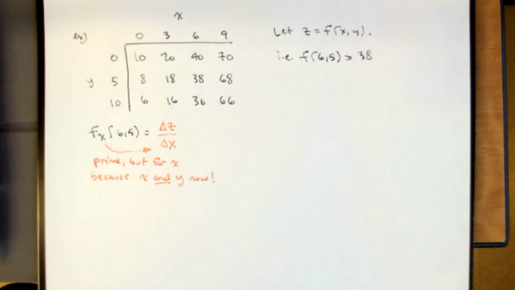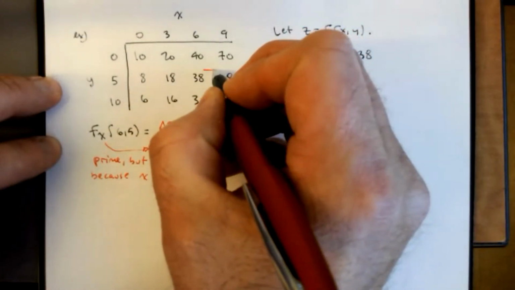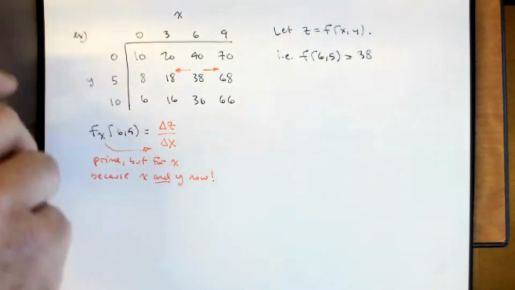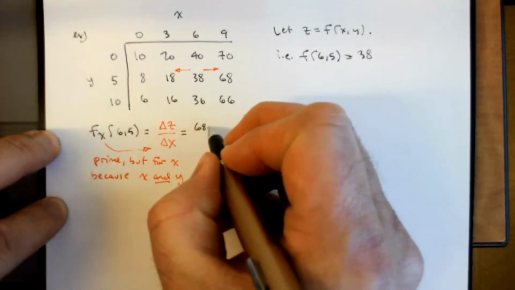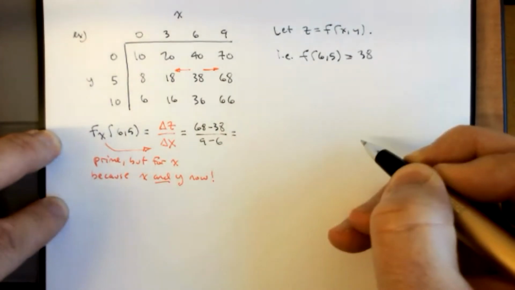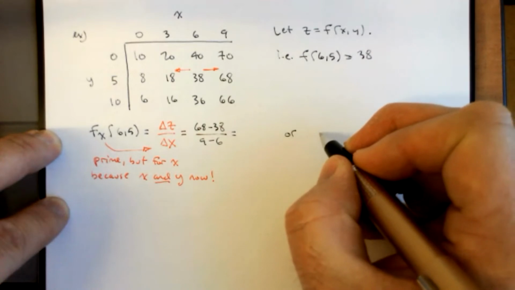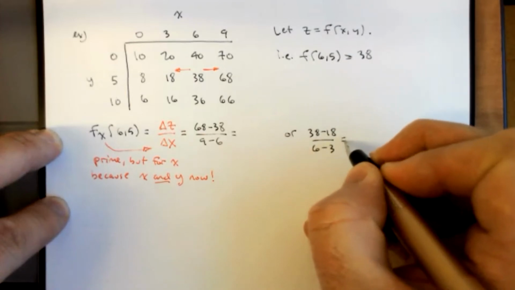So for this calculation, we're going to see how much z changes when x changes. So that's going to be these changes or these changes. I can either get an upper estimate by saying 68 minus 38 divided by 9 minus 6, or I can take 38 minus 18 over 6 minus 3.